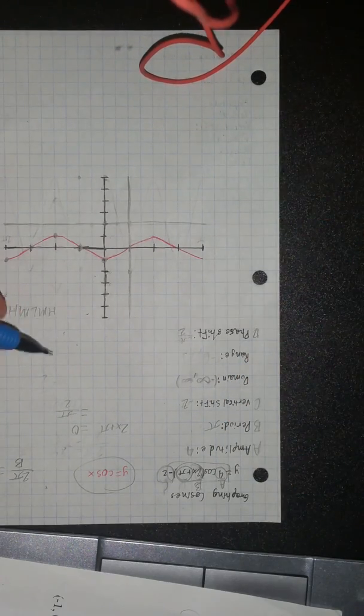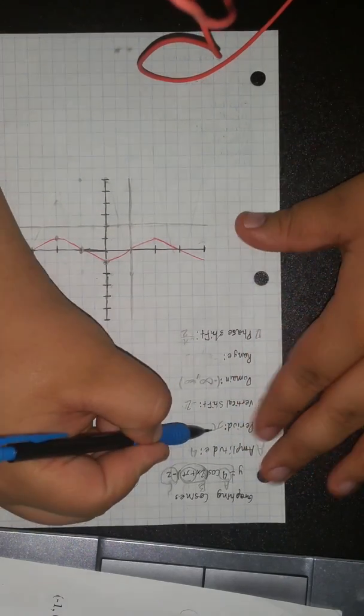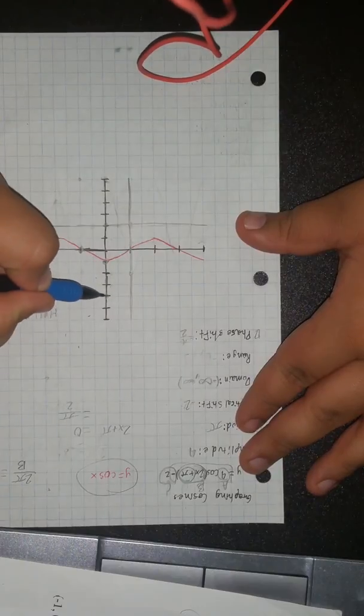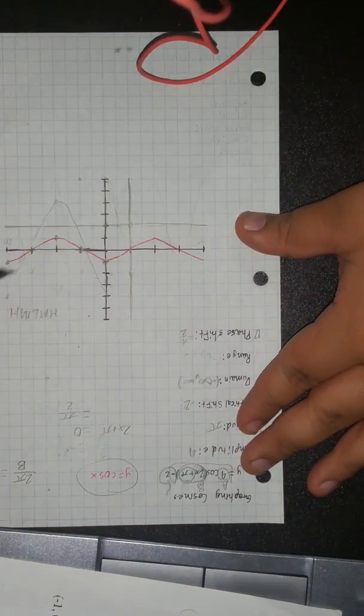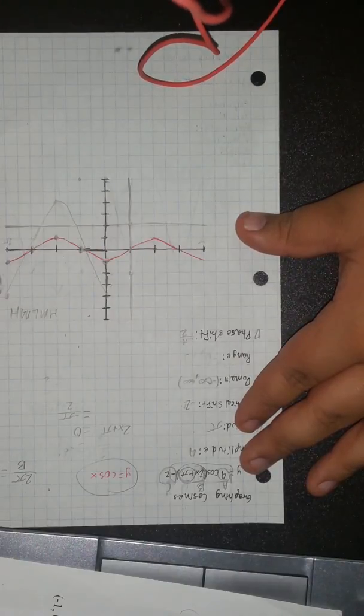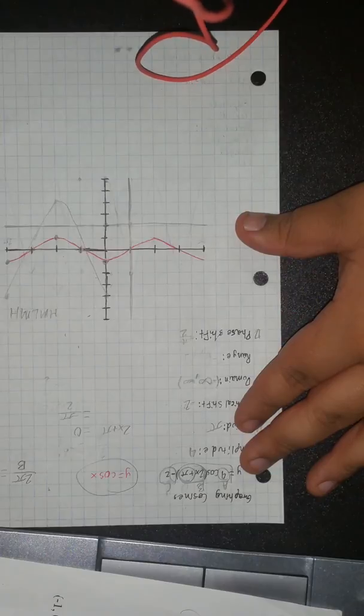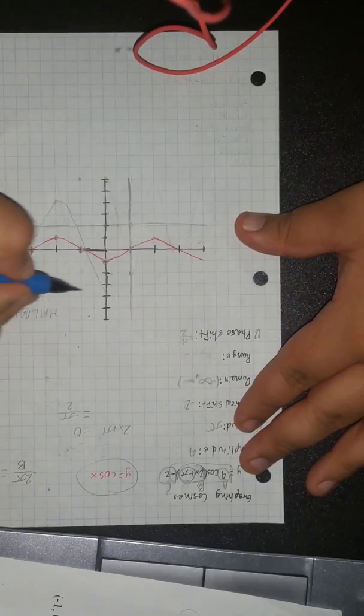So because of the change in period, rather than being like the aforementioned V shape you would get around about here, you will instead have to compress this entire thing into half the space. Excuse me.